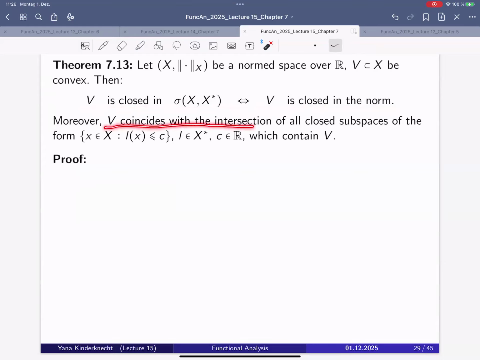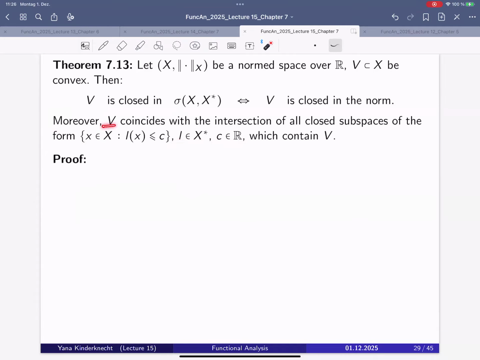Moreover, if V is convex and closed in any of these senses, this means that V coincides with the intersection of all closed subspaces of the form, like half spaces, given by continuous linear functionals and real constants.